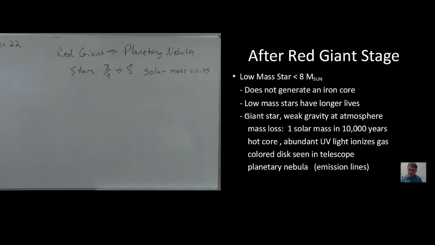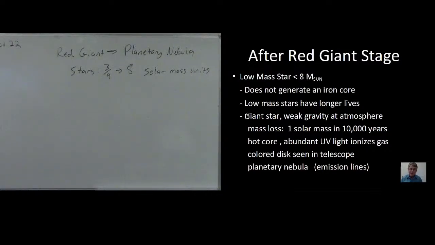So atoms out in this extreme edge of the star's atmosphere are not pulled back very strongly. And the light from the star, and if the star is pulsating a little bit, that can push the gas away from the star. And it turns out these stars can lose a significant amount of mass.